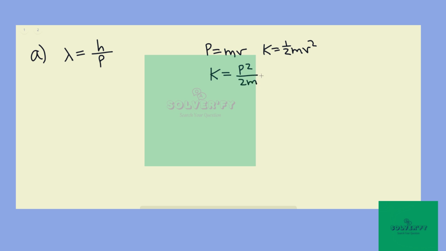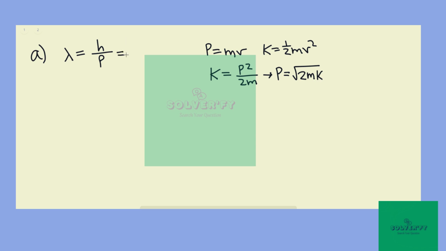So to start, we can take the definition of a de Broglie wavelength, h over p, and using the fact that p is mv and k is 1/2 mv squared, we can combine these two results into k equals p squared over 2m. Thus, p is root 2mk.